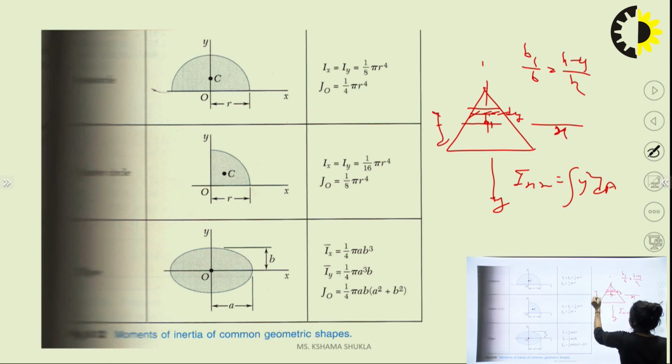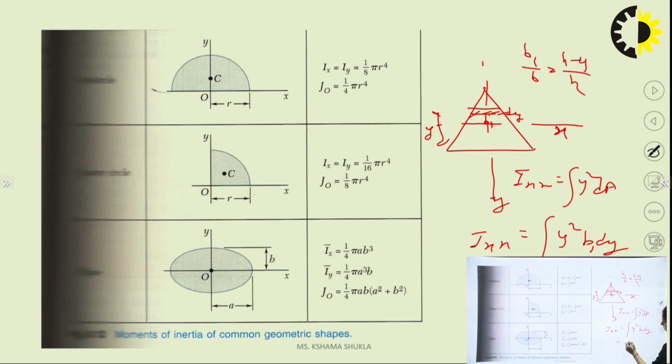This distance is y, so I can easily find out the b1 value. The integrand is y square b1 dy. Put the value of b1, that is y square b by h minus y dy. Integrate it.